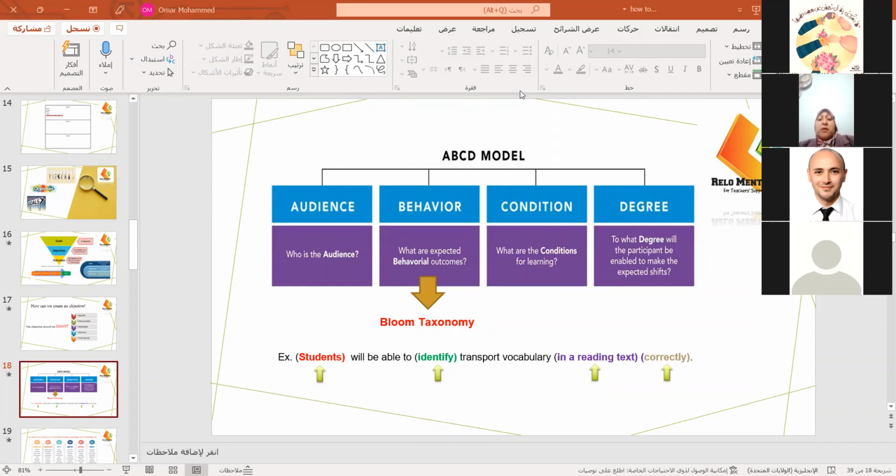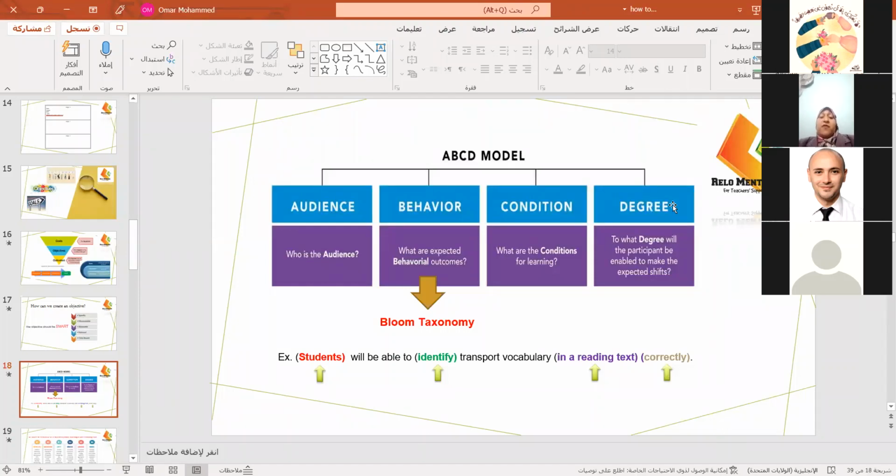Miss Rania, okay. So when forming the objective, we say by the end of the lesson, students will be able to identify so and so. Thank you, Miss Rania. And we should mention the time and the condition. For example, if it's a writing objective, students will be able to write 5 sentences correctly.